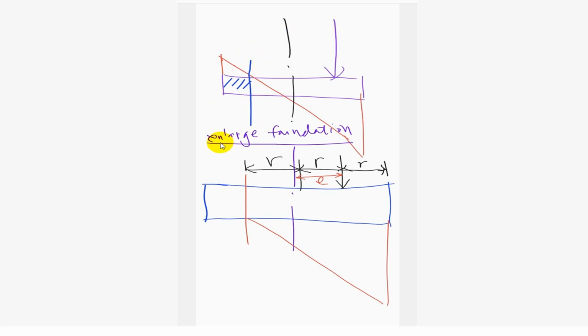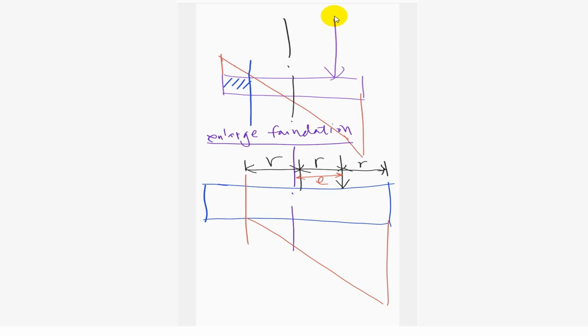Then we have to enlarge the foundation, something bigger than that. Like this. And we have to adjust the foundation so that the vertical load coincides with the center of the triangular compression load, as you see over there.